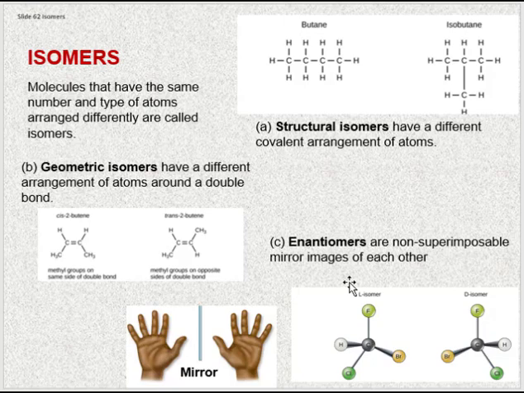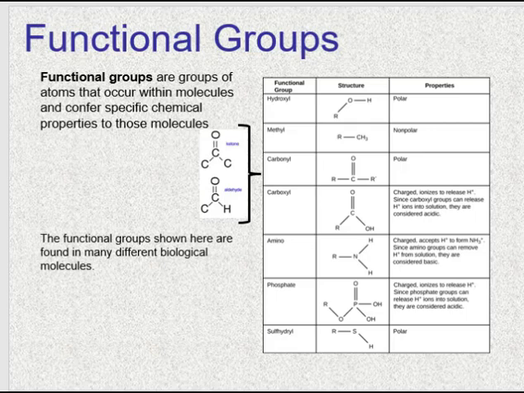So structurally, they're different. Now we're going to briefly go over some of the common biological functional groups. Functional groups are groups of atoms that occur within molecules and confer specific chemical properties to those molecules. We find them along the carbon backbone of macromolecules.